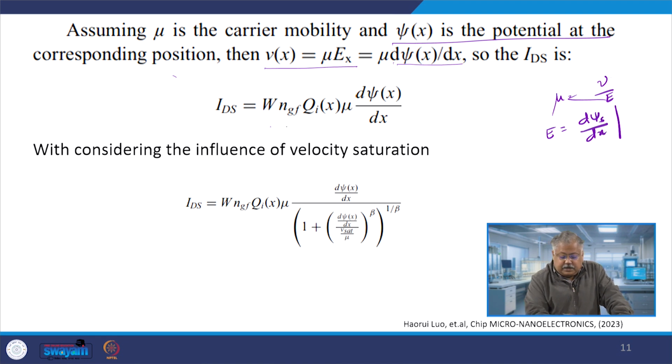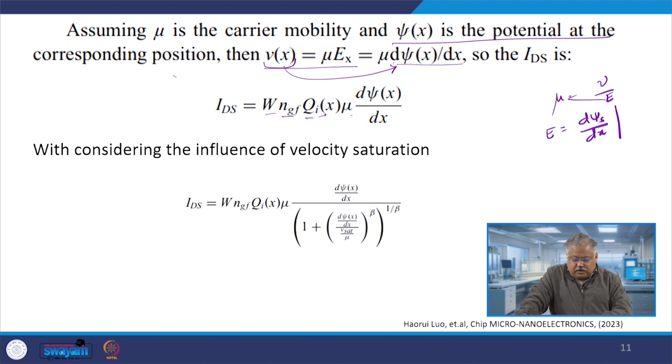So IDS can be written as W into NGF QI, and the last term Vx is replaced by mu times d psi x dx. If you are able to predict how the surface potential varies with x, assume the mobility is constant for all practical purposes, and calculate the value of Qi, then you can predict the value of IDS.